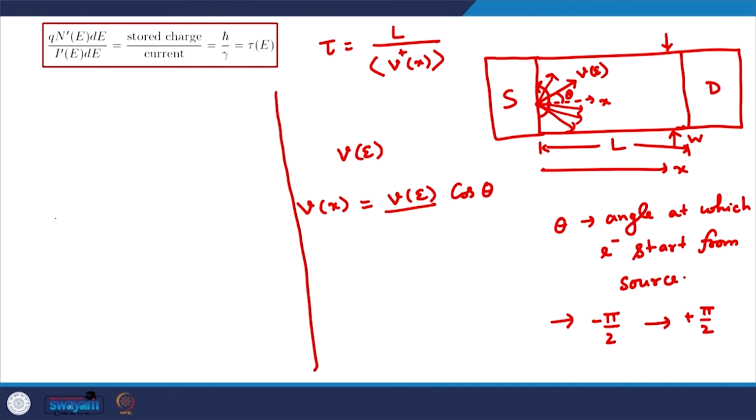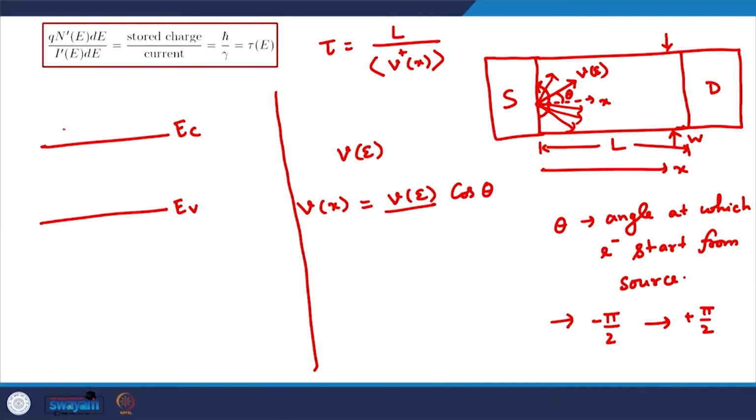In the device, if this is the top of the valence band and this is the bottom of the conduction band, as you are aware, only the electrons present in the conduction band are involved in current conduction. Mostly those electrons are transporting across the device.